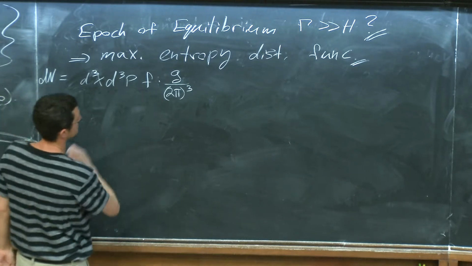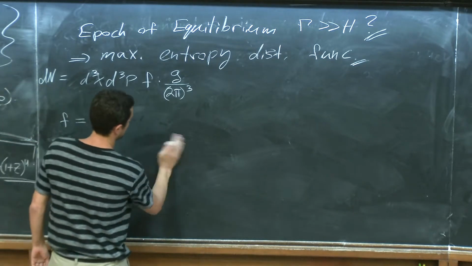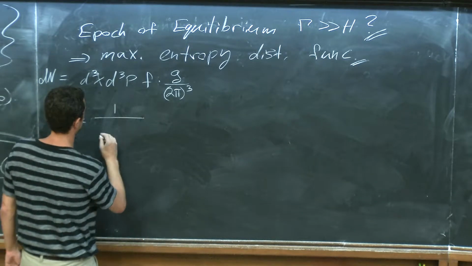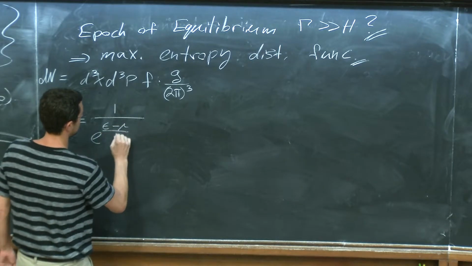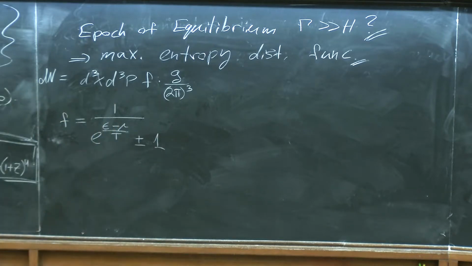And the maximum entropy distribution functions are just the Bose-Einstein or Fermi-Dirac distributions. So they are 1 over e to the energy minus the chemical potential over T, plus or minus 1 for bosons or fermions.